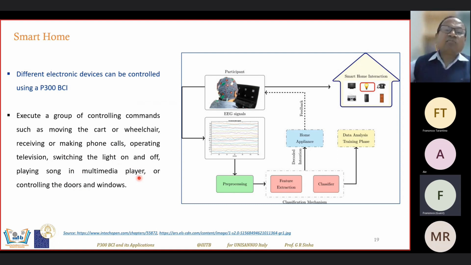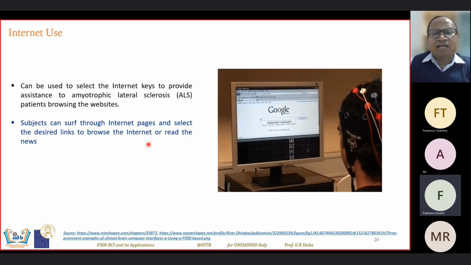These are some, but there are many other areas in which smart home applications are greatly supported by the P300 BCI. Like internet use, I was telling you. If a person having a disability wants to surf a website, wants to work on the internet, it can be used.